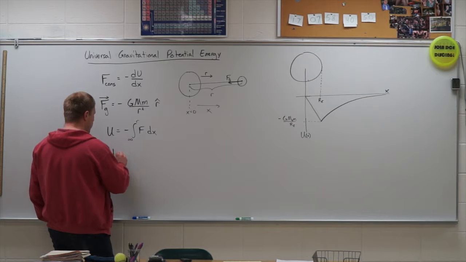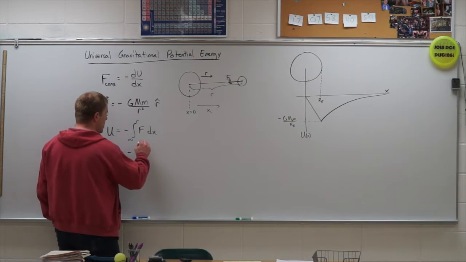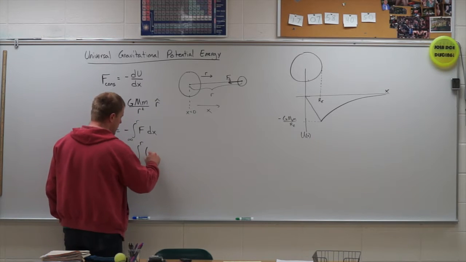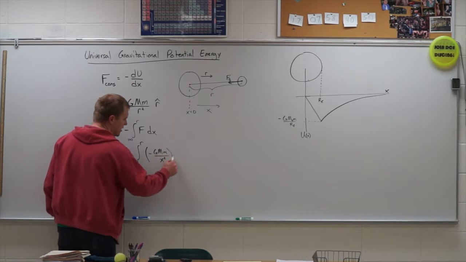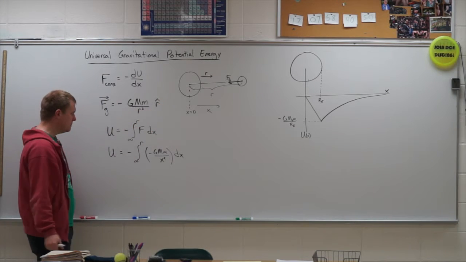Okay? All right, so here we go. So the potential energy is the negative integral from infinity to r of negative big G, big M, little m over x squared dx, because we are in the x direction here. So I'm just going to make this x hat then.